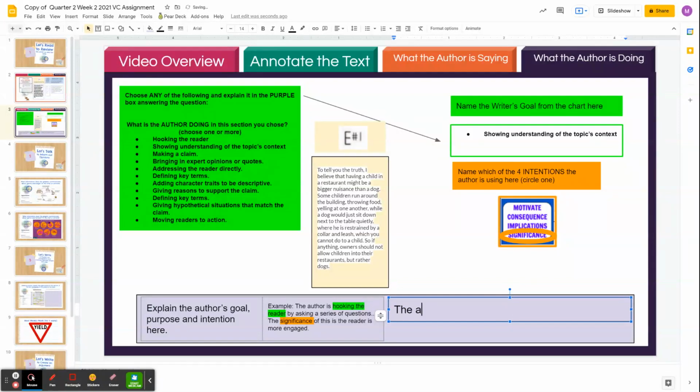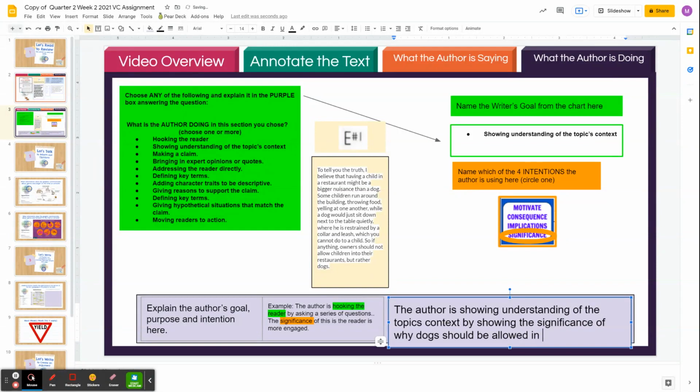The author is, I pull that from that green square, showing understanding of the topic's context by, or sorry, it could be a period, or you could put by to have a complex sentence, by showing the significance of why dogs should be allowed in restaurants.